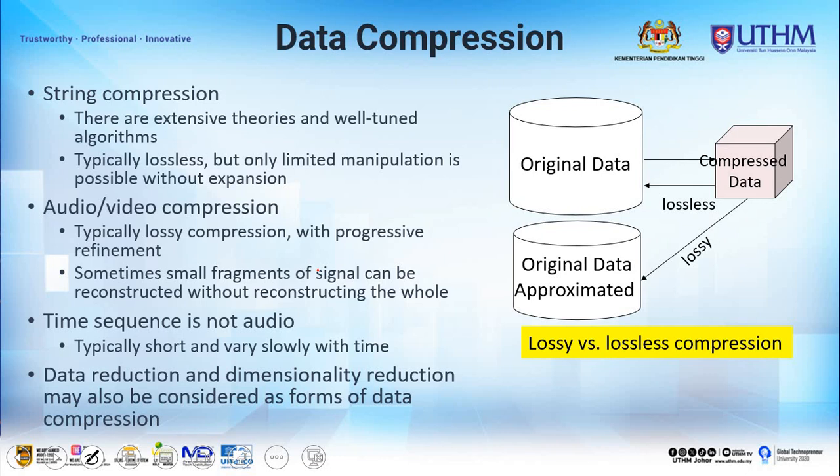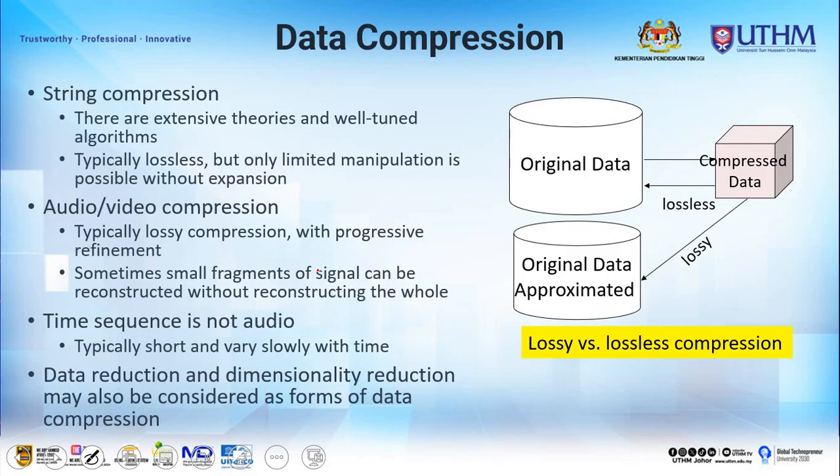This is typically lossless, meaning most string compression algorithms allow the original data to be perfectly reconstructed from the compressed version, with limited manipulation without expansion. While the compressed data is smaller, performing operations directly on compressed data is often limited. So typically the data needs to be decompressed. Once you compress, you need to decompress again before you do any manipulation.